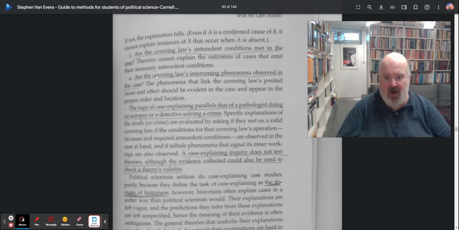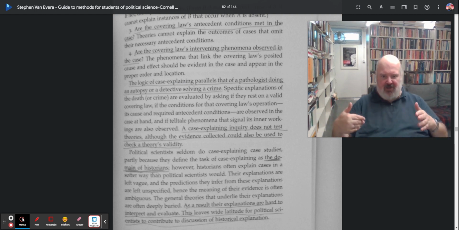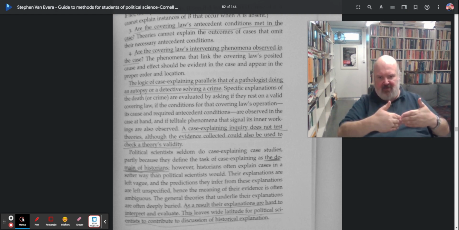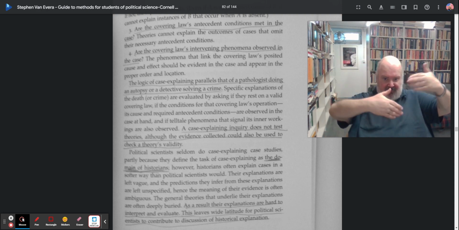4, are the covering law's intervening phenomena observed in the case? The phenomena that link the covering law's posited cause and effect should be evident in the case and appear in the proper order and location. In other words, they should happen when they should. Are the intervening phenomena present?